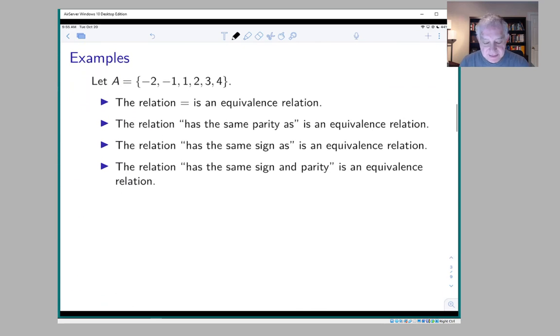If we take a very simple finite set, -2, -1, 1, 2, 3, and 4, well, then as I already mentioned, equals is an equivalence relation. But we could also look at the relation "has the same parity as." So the same parity means either both odd or both even. Let's just check same parity.